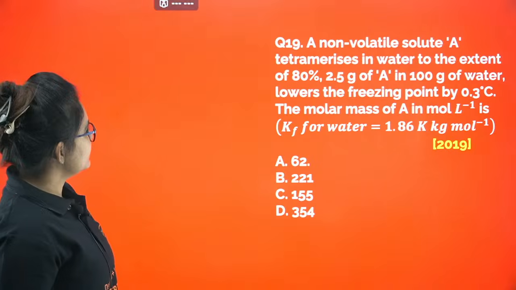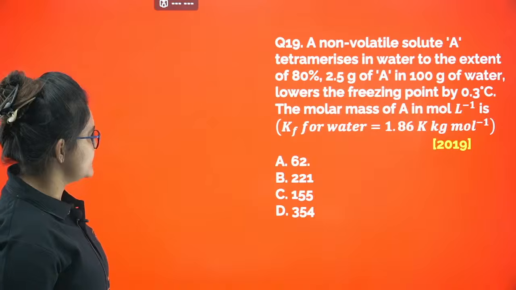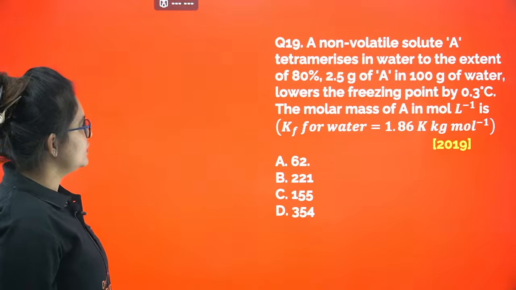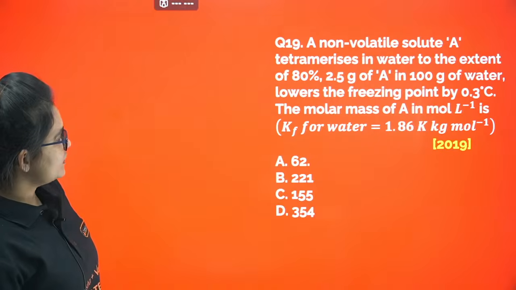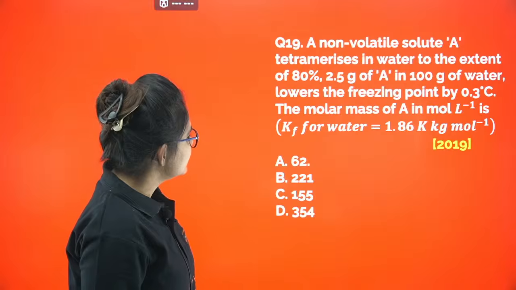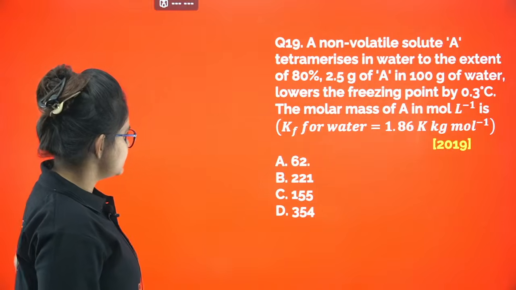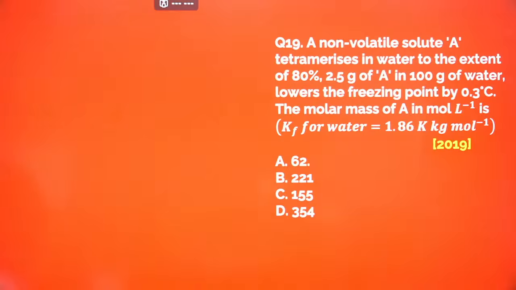Okay, so here you can see a non-volatile solute A tetramerizes in water to the extent of 80%. So 2.5 gram of A in 100 gram of water lowers the freezing point by 0.3 degrees Celsius. The molar mass of A we have to find out. Okay, it's an easy one.